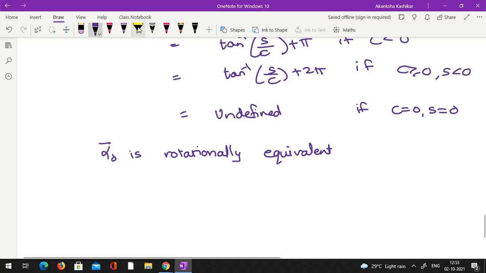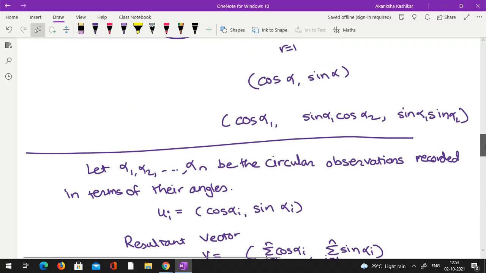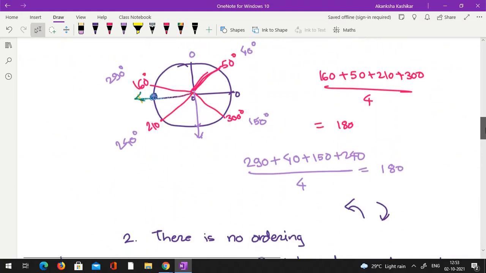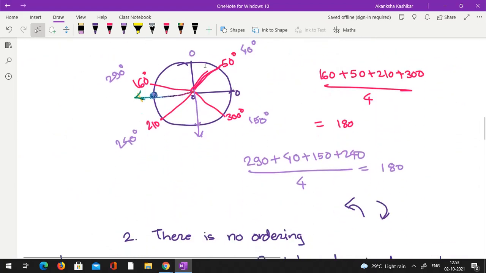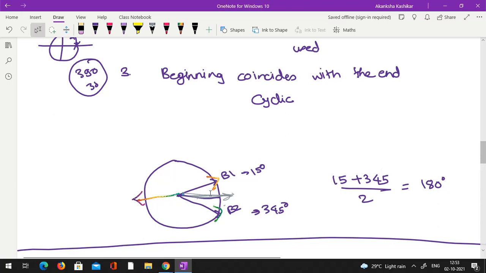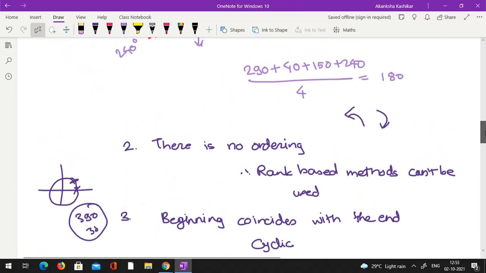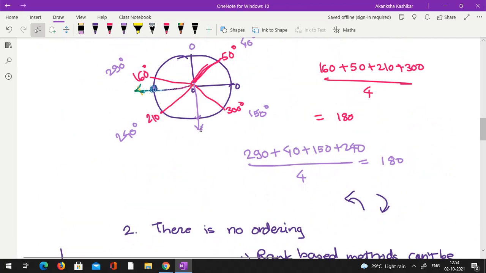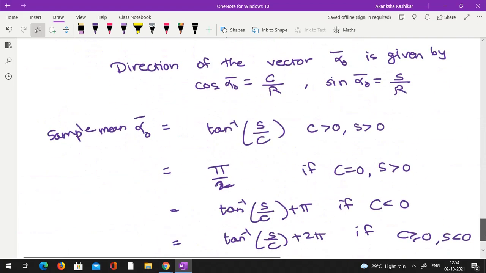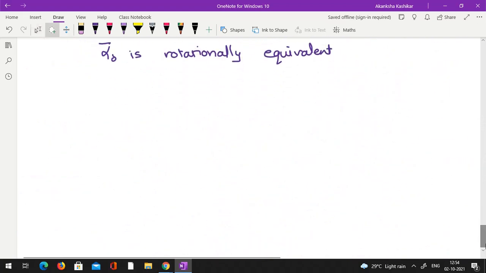So the sort of issue I mentioned in the earlier example does not arise. There we saw that in one measurement system we get this as the mean, whereas in another measurement system we get something different, the purple one, correct? Just by changing the measurement system, we were getting two different answers, which should not happen. So this alpha naught bar takes care of that. This alpha naught bar is rotationally equivalent.